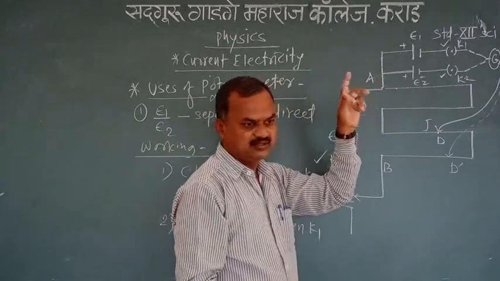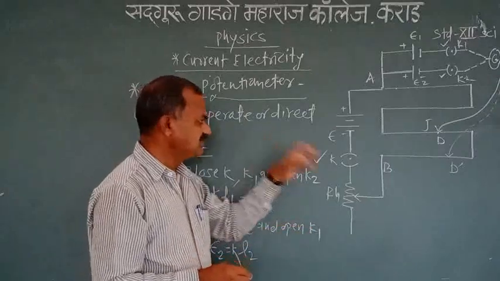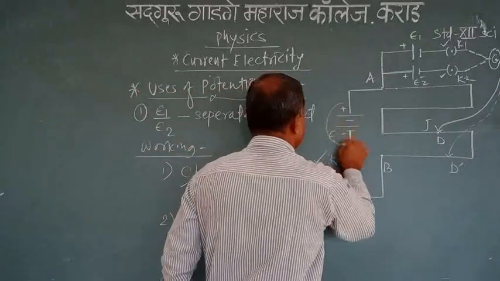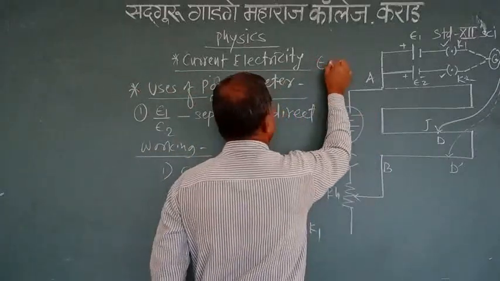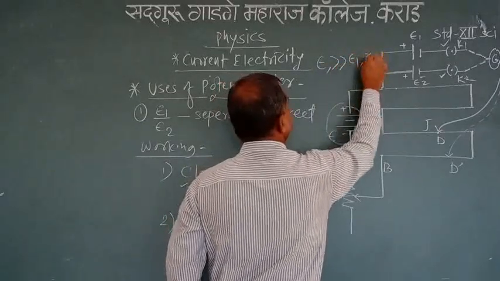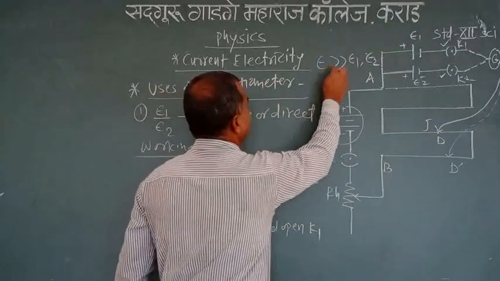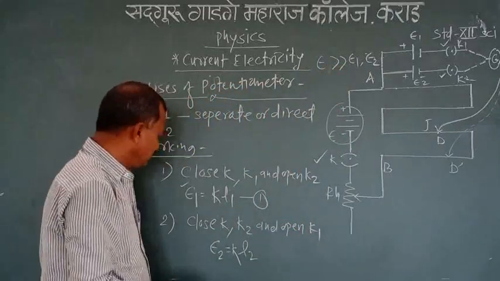This is the important condition of that instrument or experiment, and the source of EMF E must be greater than E1 and E2. E is always greater than E1 and E2.